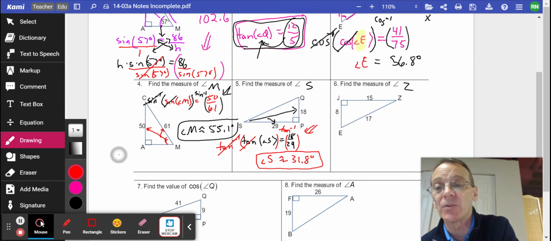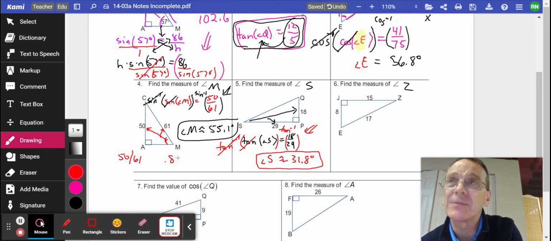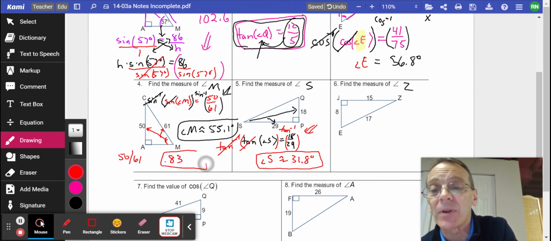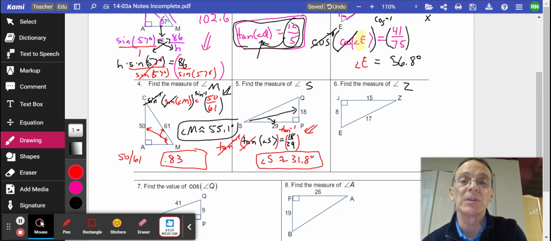So you would do 50 divided by 61, get a result, which is 0.83 repeating, so about 0.83. Then when you've got that number in your calculator window, press the sine inverse button. And again, if your calculator is in degree mode, it should give you the value 55.1.